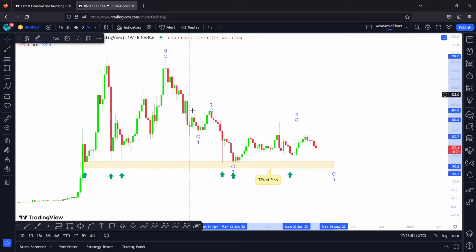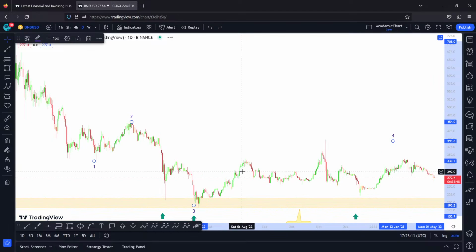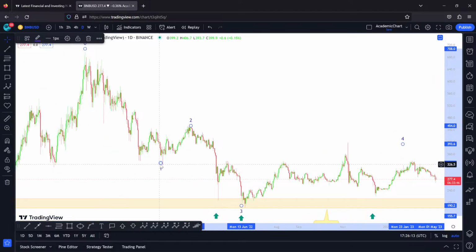So now I have a good view. I've actually ended up with some more information in the weekly view. Let's jump into the daily now. With that, I can more confidently zoom out because I have some information prior to seeing this amount of detail. So I can see my first wave here.